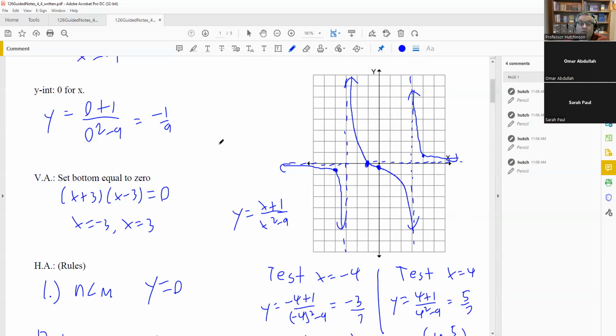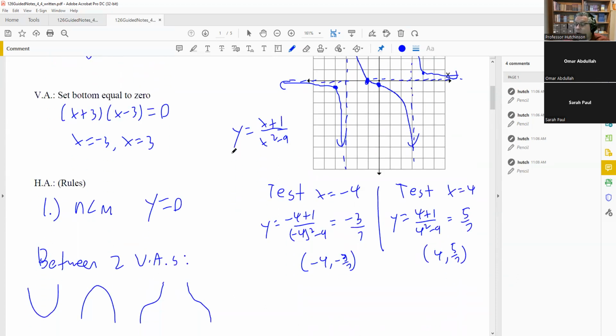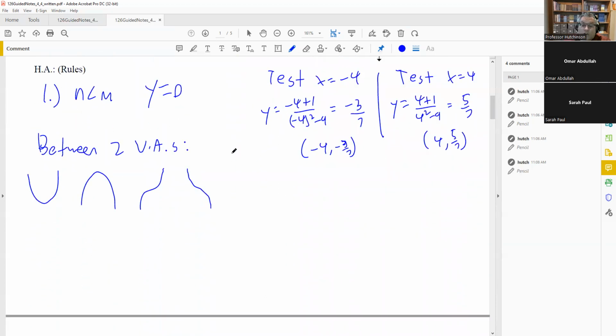Now, there's one extra question that I didn't have here in my notes that has to do with this graph, and I'm going to finish with this last question.